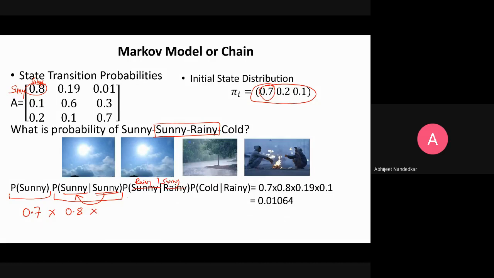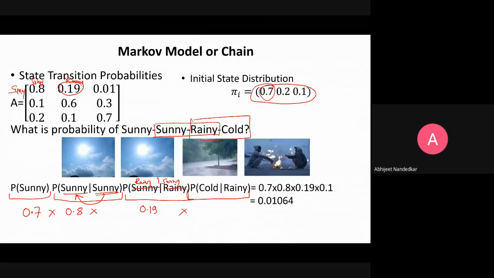Go to the table: from sunny to rainy, this is 0.19. So this will be 0.19, multiplied by the next step, from rainy to cold.